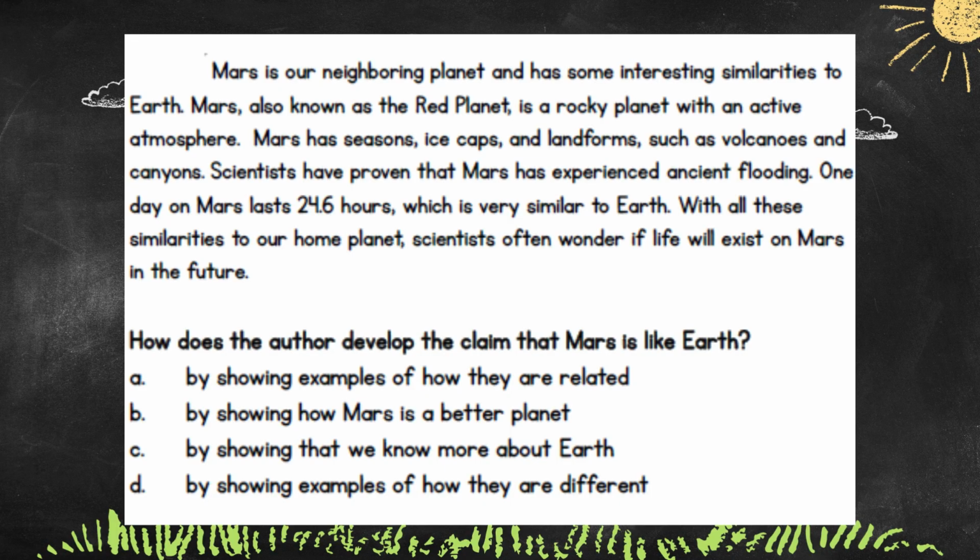D, by showing examples of how they are different. There are some ways that they are different, but a lot of the ways that they were showing us are more of the same. Seasons, we have those. Ice caps, yes. Landforms, volcanoes, and canyons. Those are all the same things that we have on Earth. So A would be the better choice.